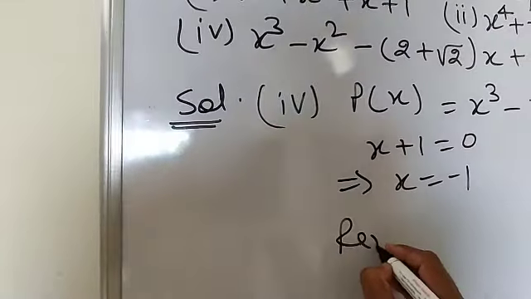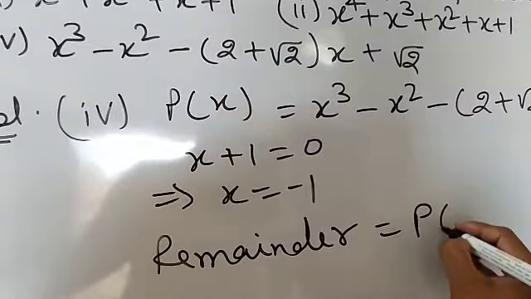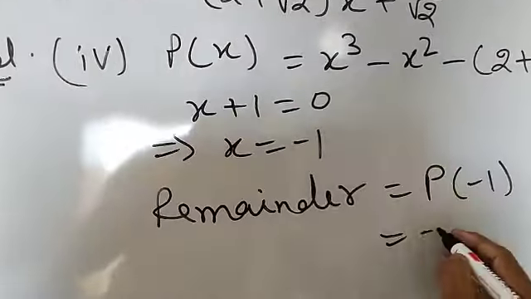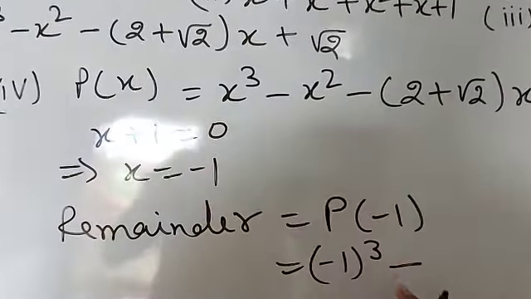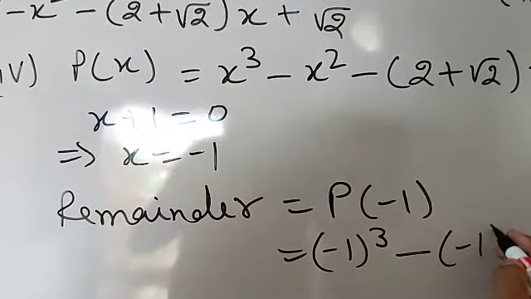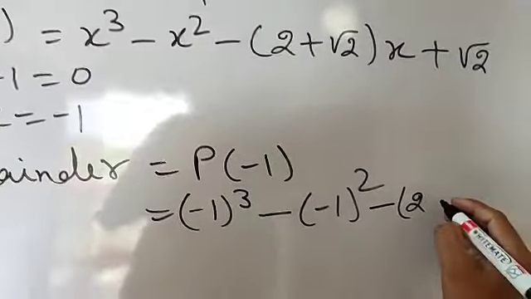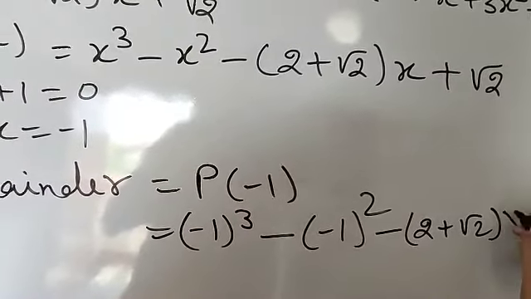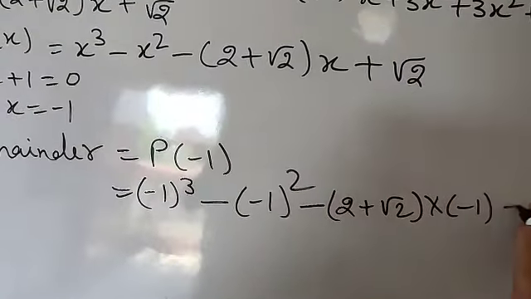So here remainder equal to p(-1), and now x will be replaced by -1. So x cube is here, so (-1) cube, minus x square, so minus (-1) square, minus 2 plus root 2 into x, so into -1, and plus root 2, that is the constant term.